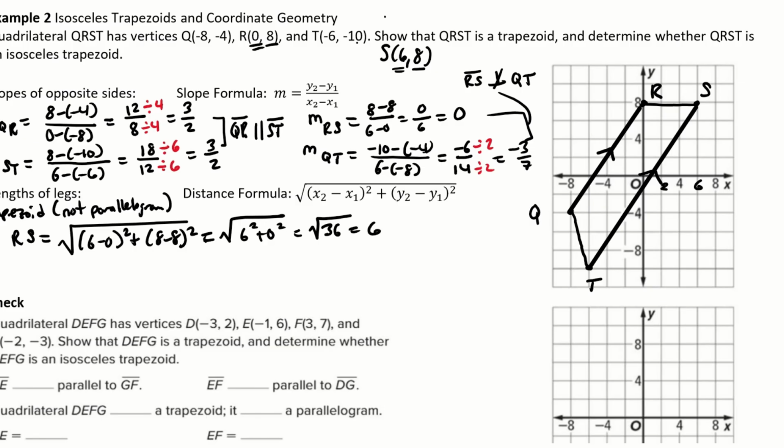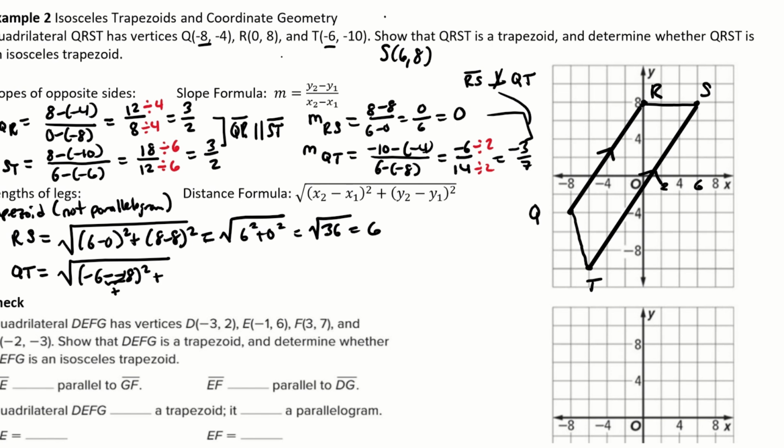All right, so let's do QT. That's the square root of, now we're going to subtract, well, let's do the x coordinates first. So negative 6 minus negative 8. There's that double negative, which we know turns positive, so we circle that.